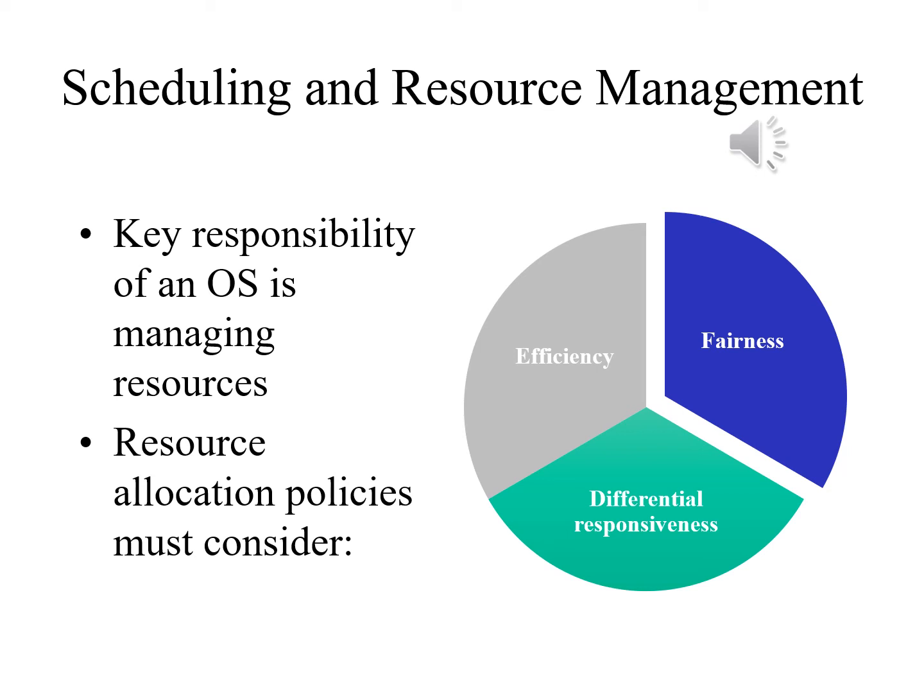Efficiency. The operating system should attempt to maximize throughput, minimize response time, and in the case of time sharing, accommodate as many users as possible. These criteria conflict. Finding the right balance for a particular situation is an ongoing problem for operating systems research.